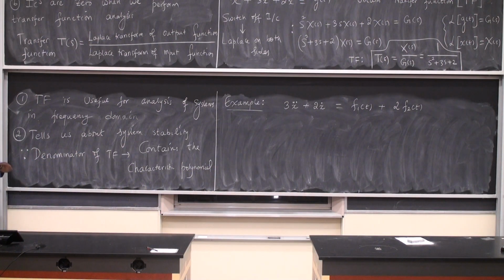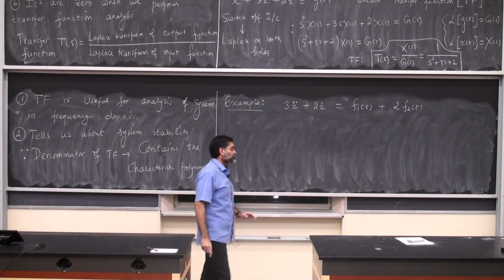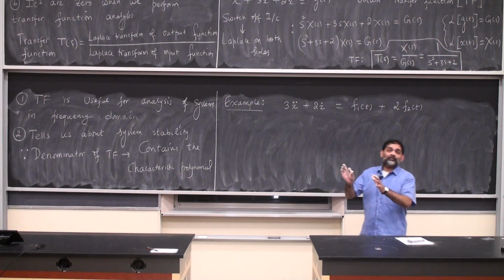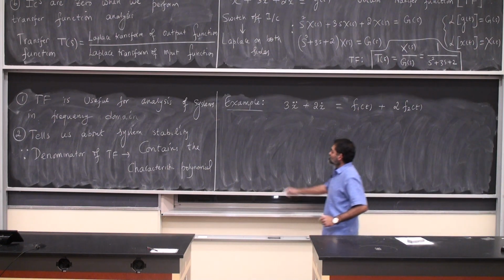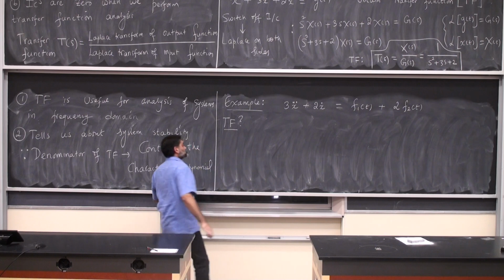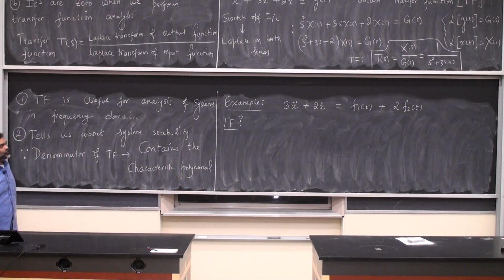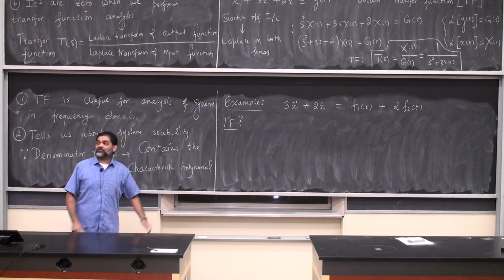F1 of t is an input, f2 of t is another input, and we have studied systems of this sort, where you have a complicated forcing function and you break it up into smaller pieces. What's the system transfer function? Depending on the number of inputs to the system, you will have as many transfer functions for the system.